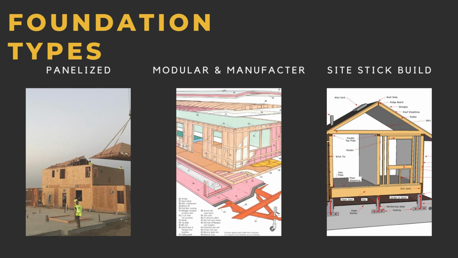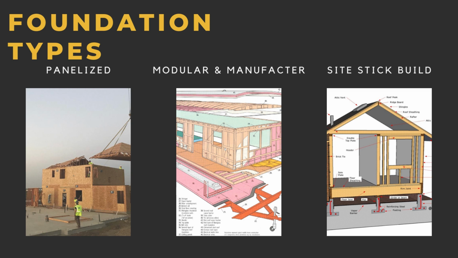Those are all together a different challenge with the way they're constructed. And then you can have panelized homes, which are getting more popular, where they're actually framed at a factory and they bring them in and set them in place on site. So you can have several different types there.